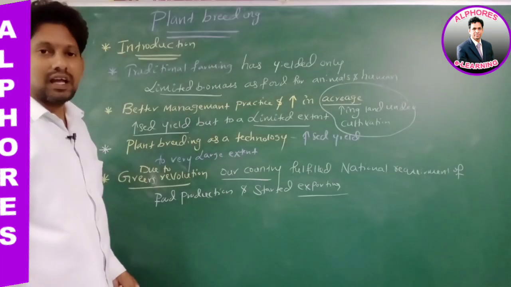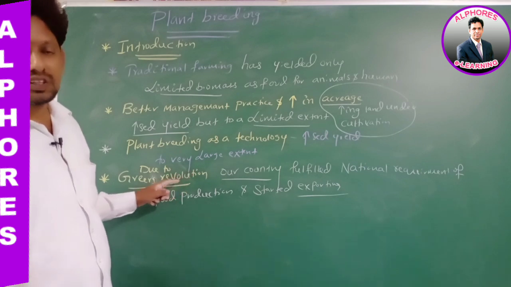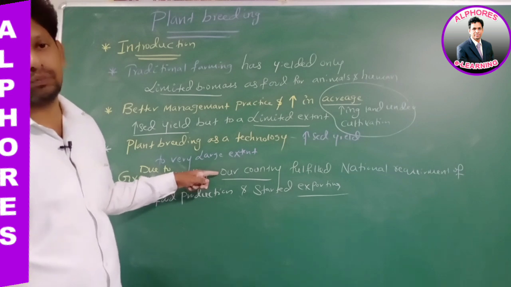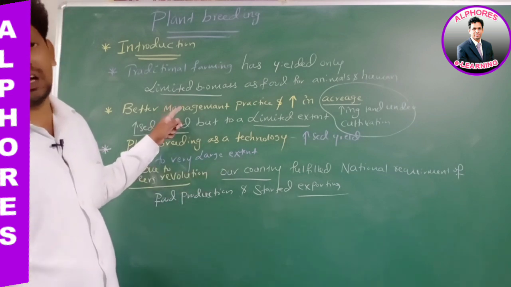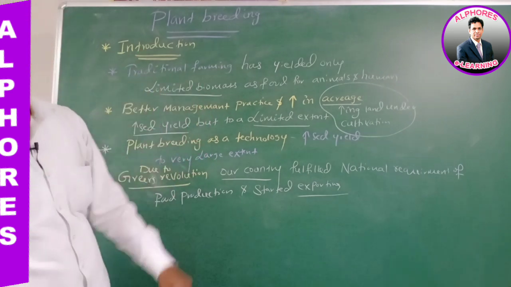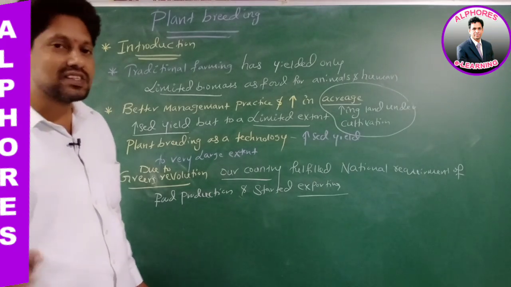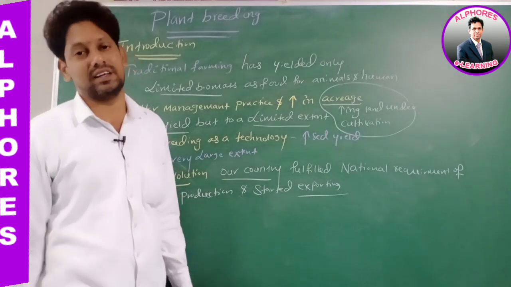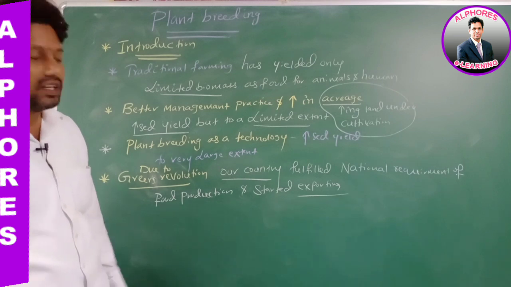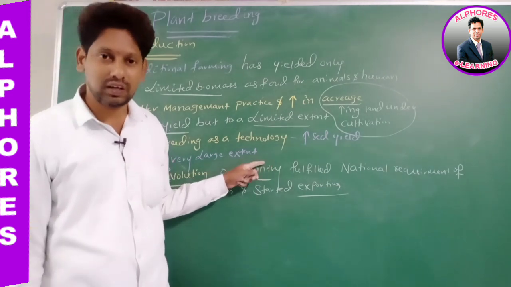And started what, sir? Exporting. Sir, all this is due to what? Green revolution. But this green revolution in our country is largely due to plant breeding techniques which have developed high yielding varieties and disease resistant varieties. It means plant breeding has developed disease resistant varieties and high yielding varieties. Due to these varieties only, the production has enhanced, the yield has increased. Is this statement okay? Right?